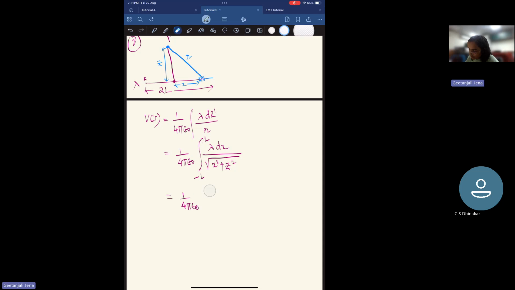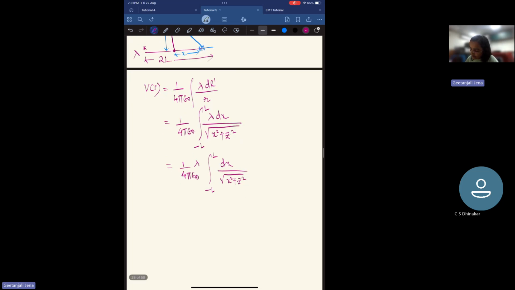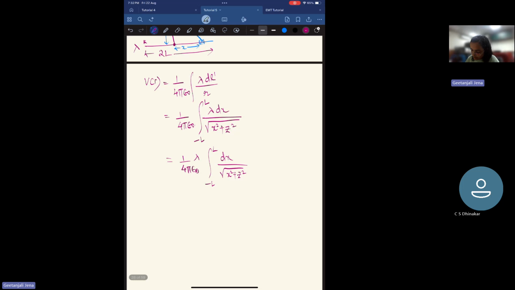Lambda is a constant. dx over square root of x square plus z square from minus L to L. And for this integration, 1 by square root x square plus z square, what you need to remember is the final expression for this integration, because it will take a lot of time if you find it by taking the substitution. So it's better to remember the final formula here.